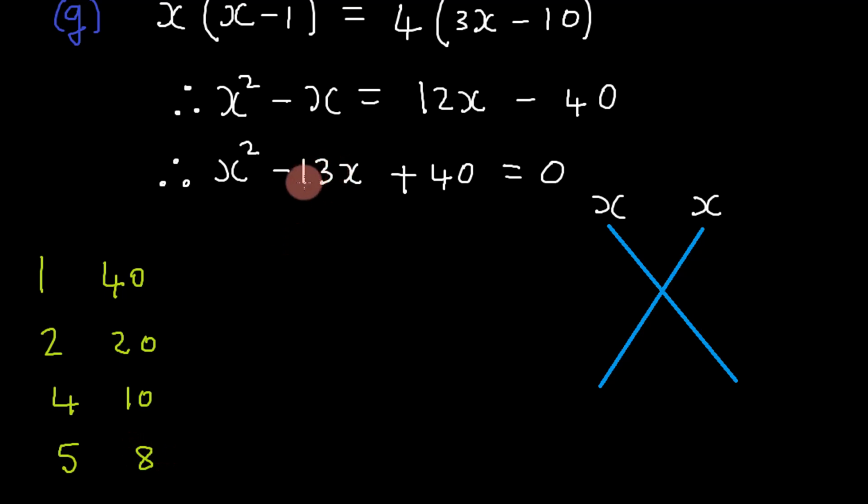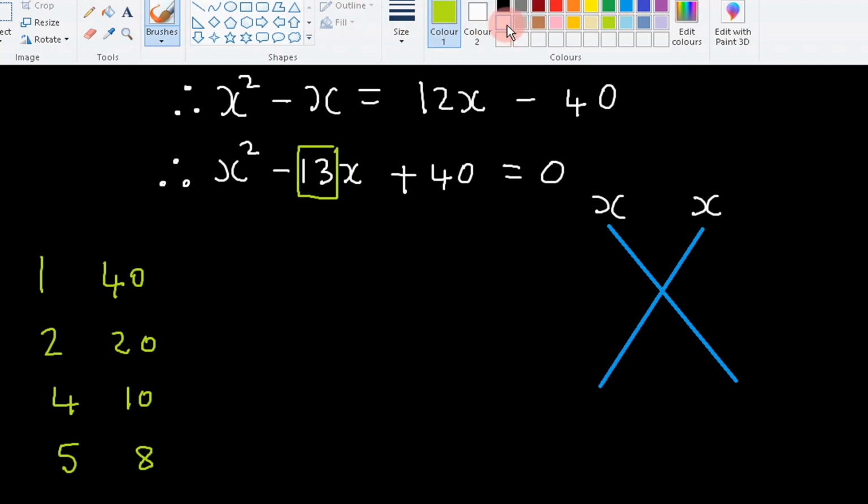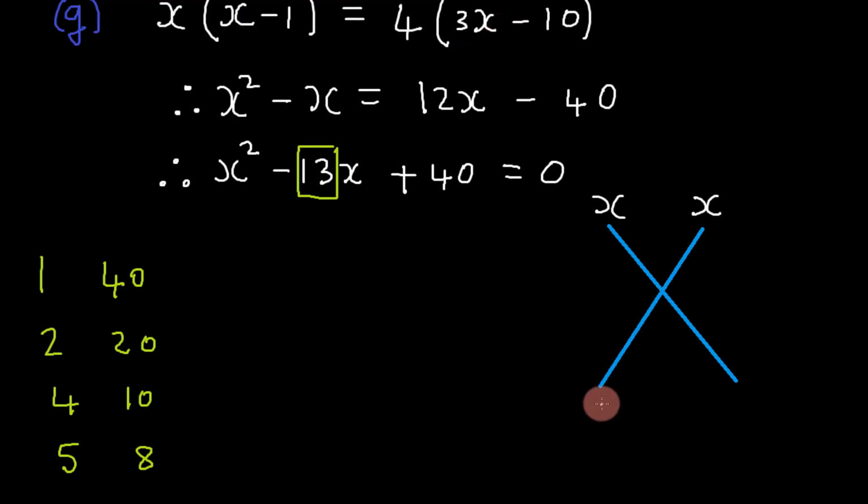We need a middle term of negative 13x. So we need a 13 here. And we can run through all these sets of factors. And we find that 5 plus 8 will give us 13. So let's use 5 and 8. We cross multiply.